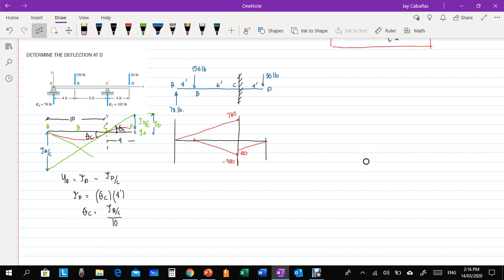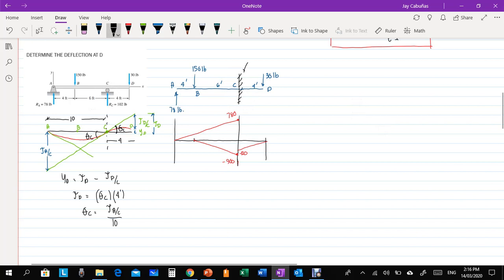Okay, so to do this, we draw the moment diagram by parts. We can draw the moment diagram by parts if we set a joint and convert it into a cantilever. In this case, I fix it at joint C, this one.